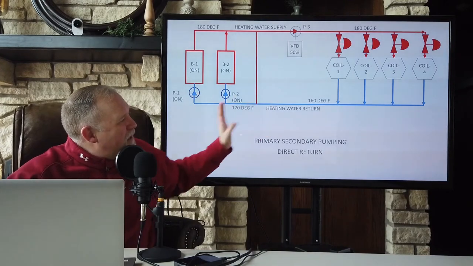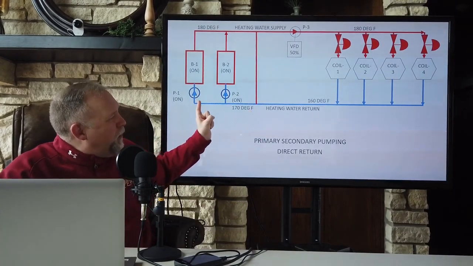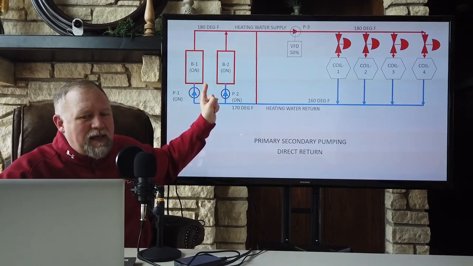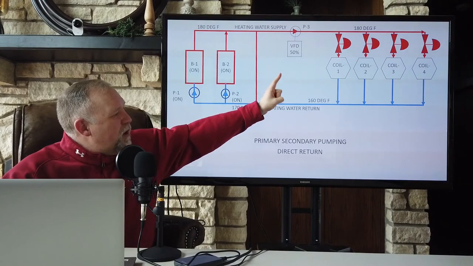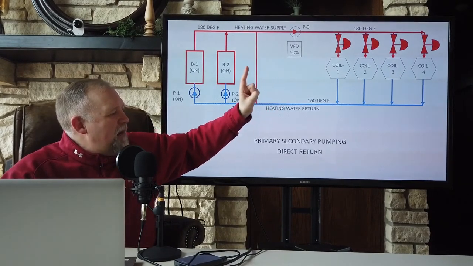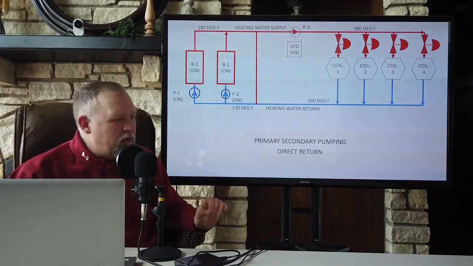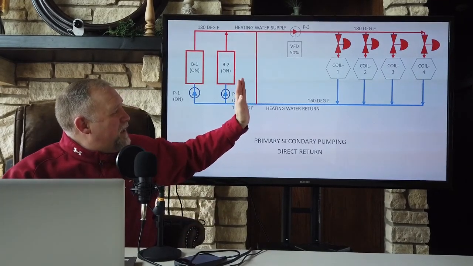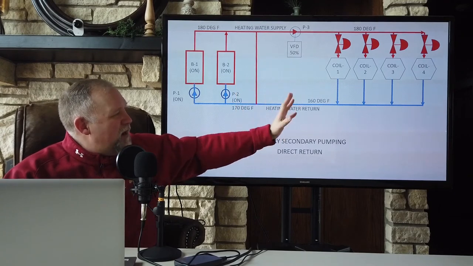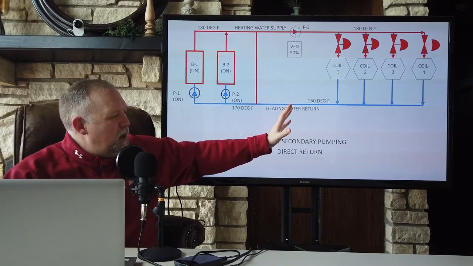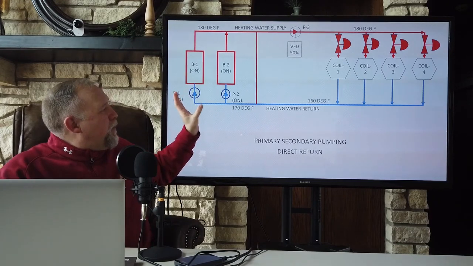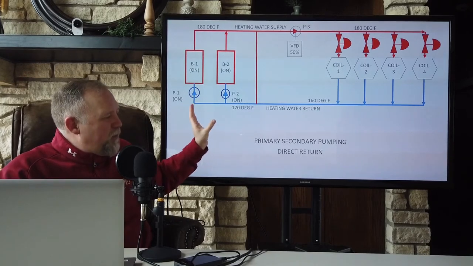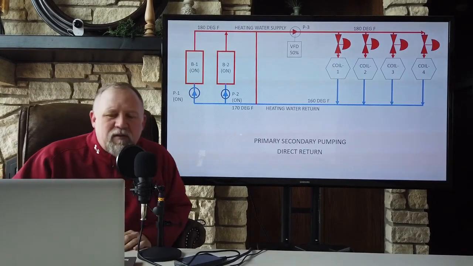But what the primary secondary system does is allow a small pump to pump through the boiler at a constant rate and a very large pump to operate at a variable rate and save the most amount of energy that we can, so that we can satisfy the loads at a variable volume and save pumping energy while we pump through the boilers in a constant volume system and operate the boilers that we want, but use as little energy as necessary there as well.